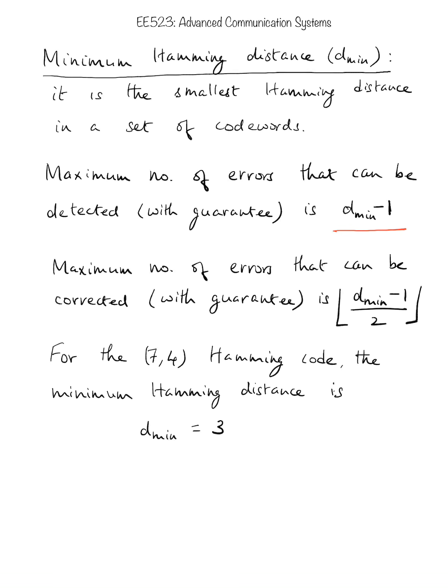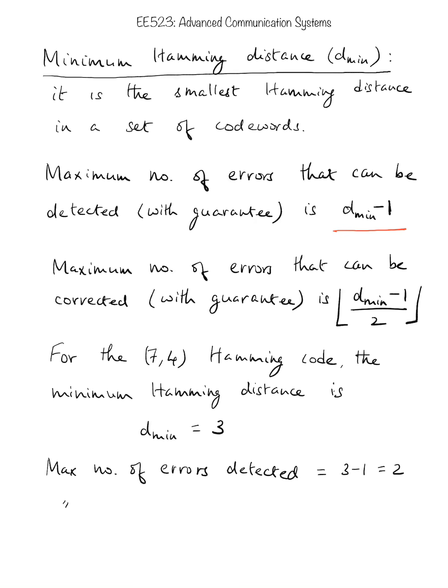So for the 7/4 Hamming code, the maximum number of errors detected is equal to d min minus 1, which is 3 minus 1 equals 2 errors.